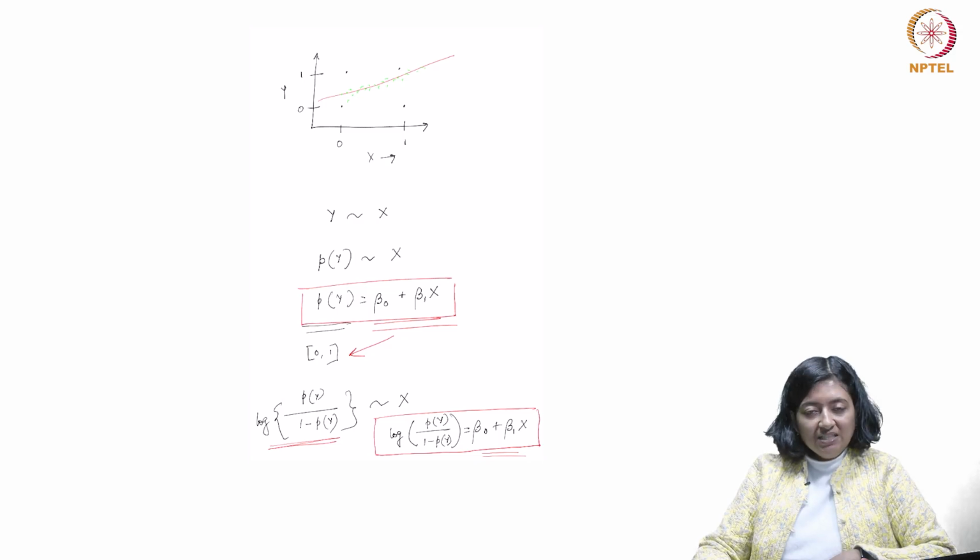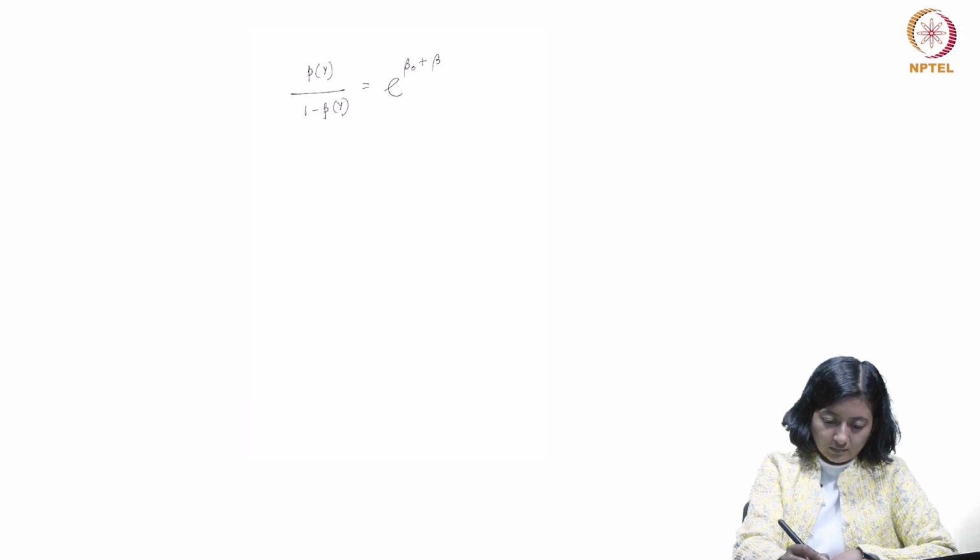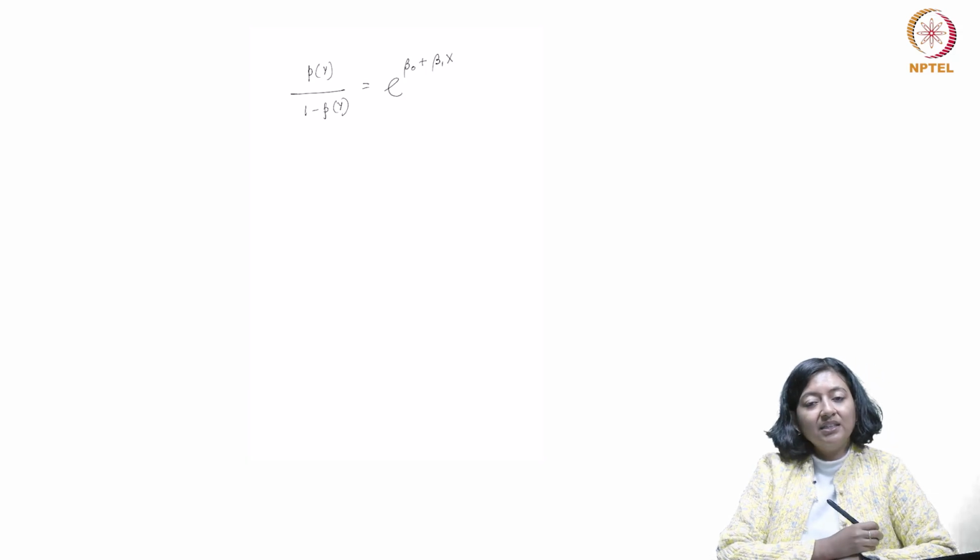A model like this is called the logistic regression model. Why? Because this function is called the logit function or the log odds function. Now, instead of saying that we are regressing the log of odds on x, we can also say we are regressing the odds on x like this.